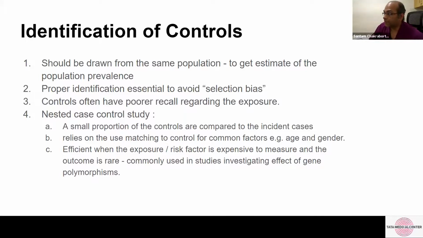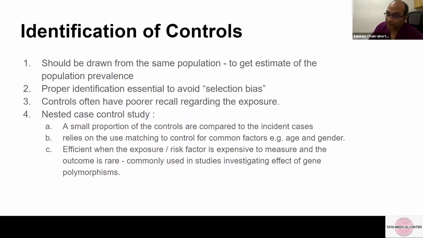Now, if on the other hand, you are looking at a much more expensive test to determine the exposure instead of relying on a simple questionnaire, or your questionnaire is extremely complicated and time consuming, then measuring the exposure becomes expensive.